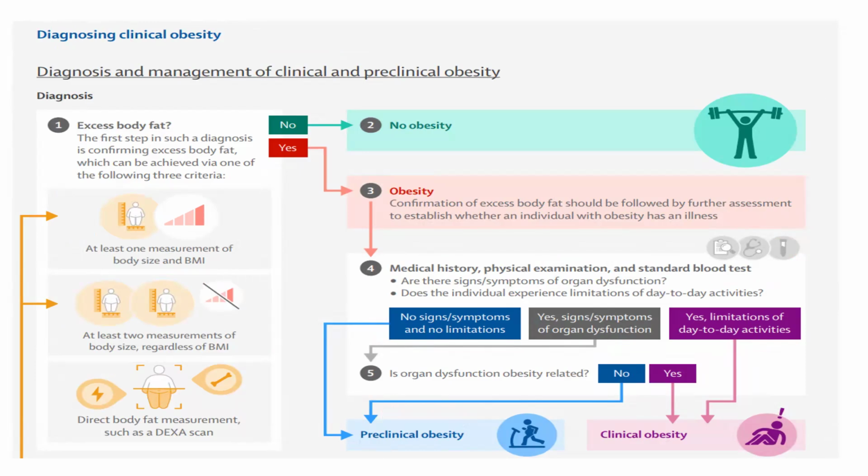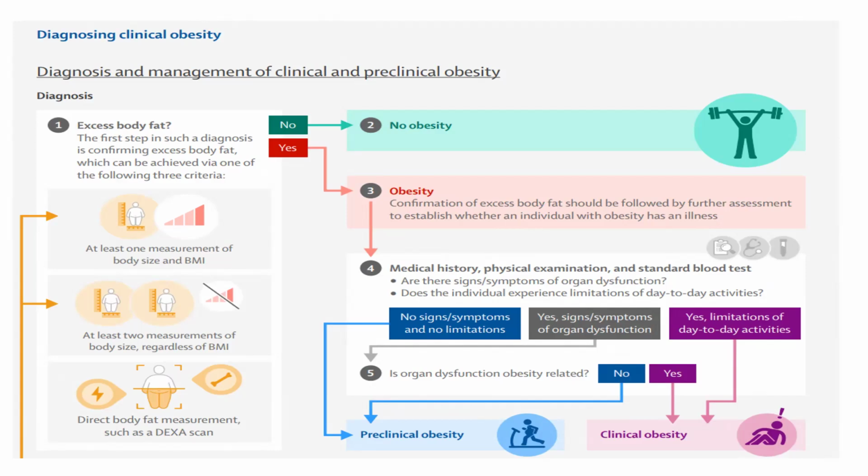Now, what are the measures of diagnosis of this clinical and preclinical obesity? What is the measure of this excess body fat, what we are talking about? So the first step in such a diagnosis is by confirming the excess body fat, which can be achieved via one of the following criteria.